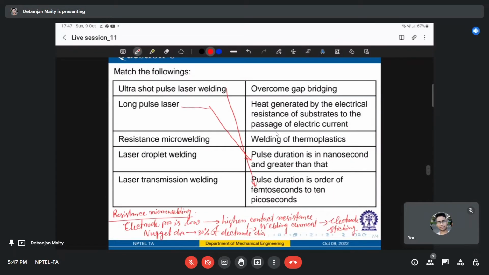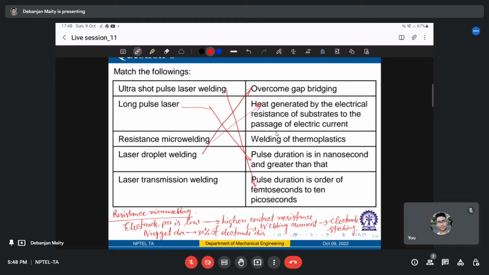So in resistance micro welding, heat is generated by electrical resistance. Laser droplet welding overcomes the gap bridging, and there is something called laser transmission welding.